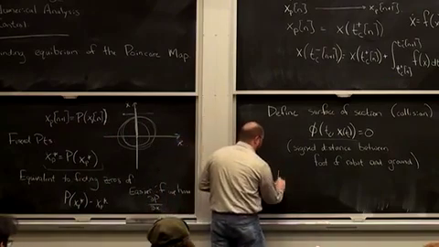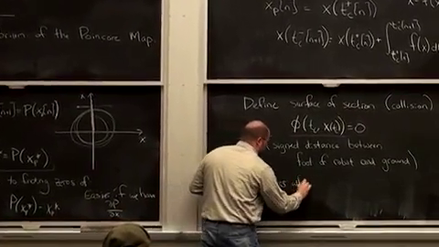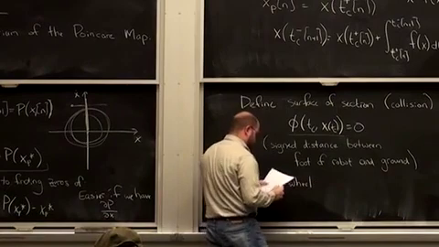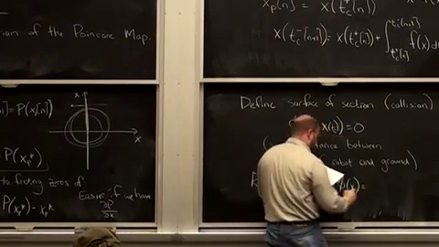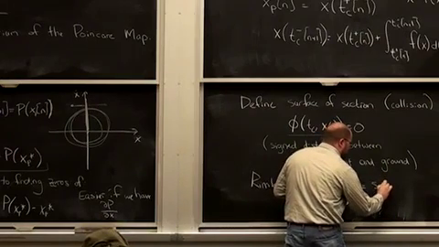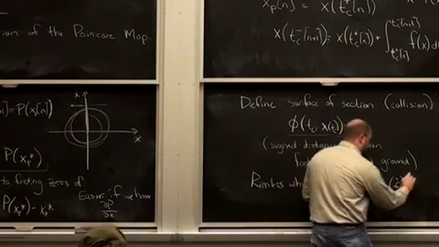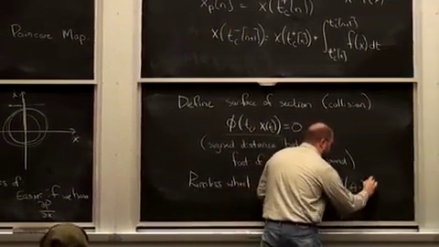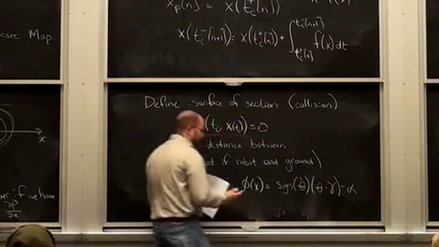So I do phi of x is just the sine function of theta dot times theta minus gamma minus alpha. So if you don't remember all those symbols, that's almost useless.